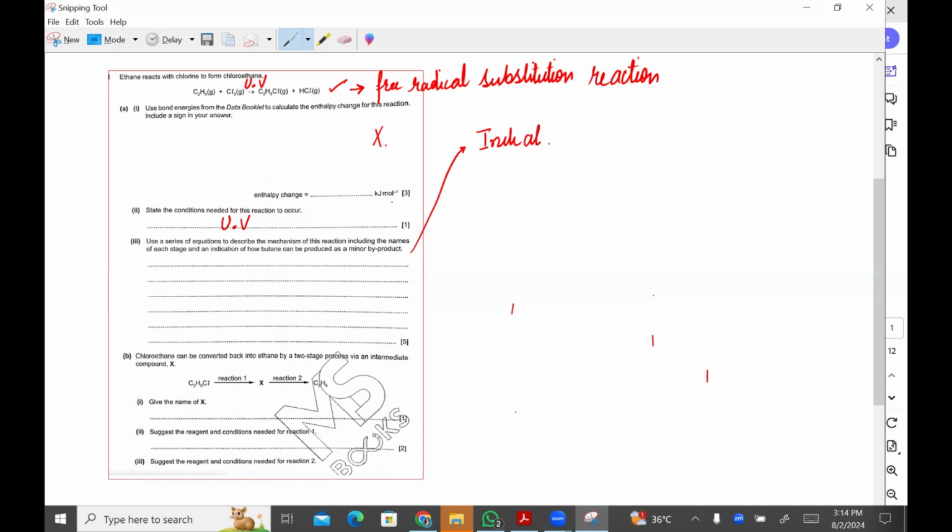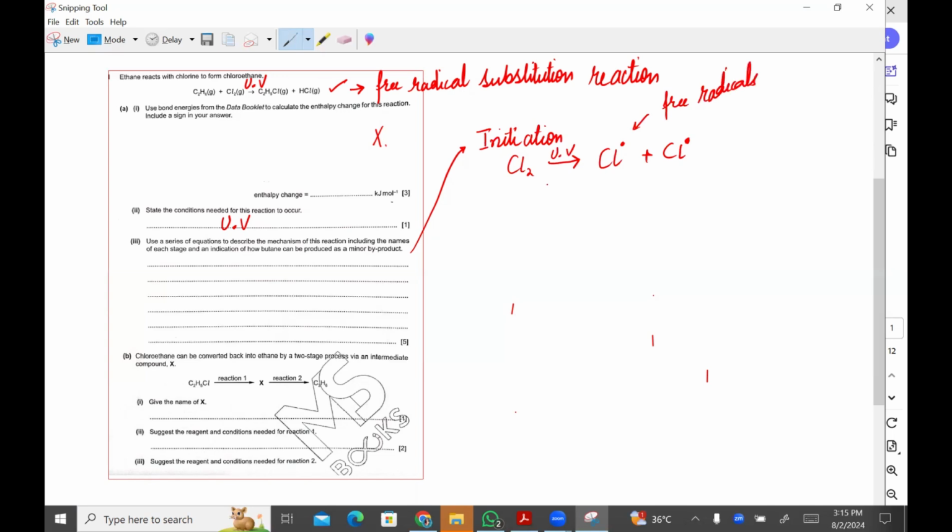That is initiation, in which this chlorine molecule is split up under the presence of UV light into free radicals.